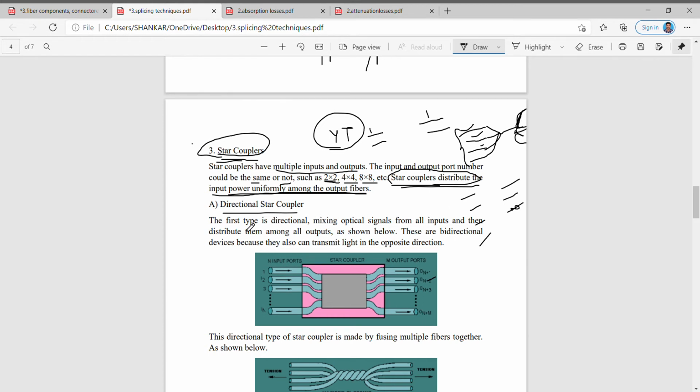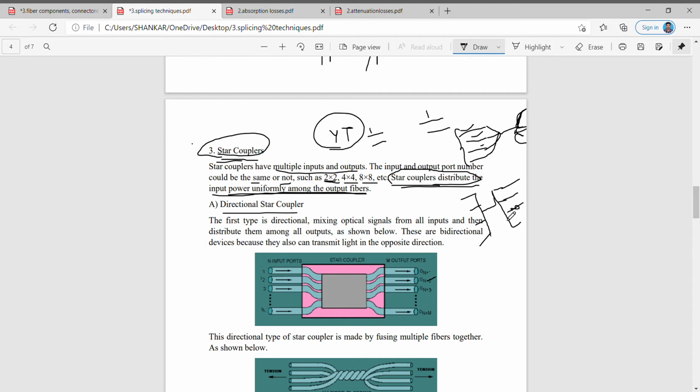Okay, so the star coupler has two types. One method is the directional star coupler and the other is the non-directional star coupler. A directional star coupler means it takes, suppose, these four input signals, mixes all four input signals, and distributes them as four output signals.